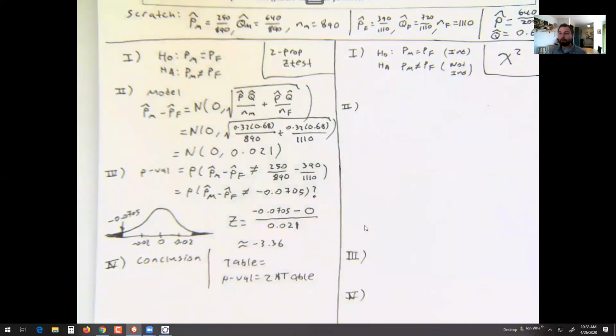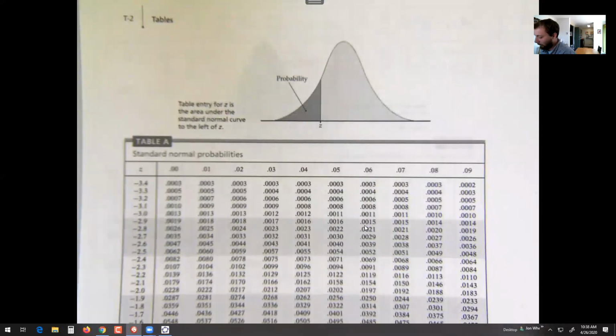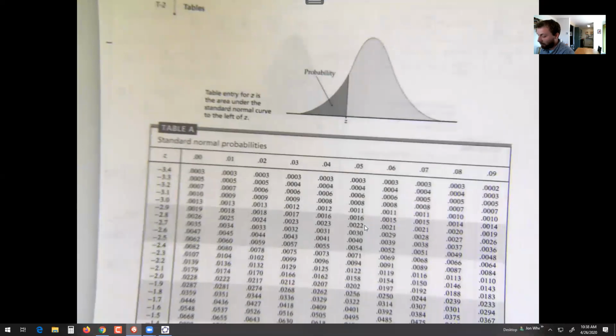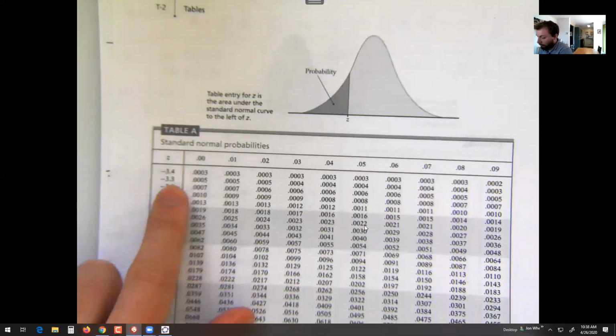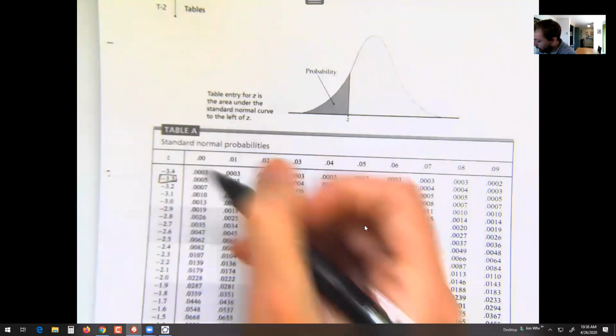I can look this up using technology, so I can go in GeoGebra and type in the z-score. I work old school sometimes, and I still go back to these normal tables because I find it gives me a little bit of number sense. I'm looking up negative 3.36. When you're using these tables, you have your first digits of your z-score, so negative 3.3, I'm in this row.